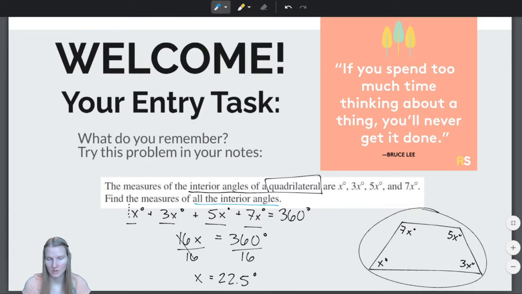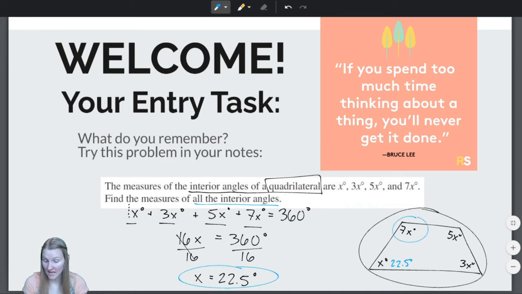Now that I have x, I need to plug it in to the x in each of the angles so I can figure out what each of the angles is. So I know that this angle is 22.5 degrees because it's just x, and x is 22.5 degrees.